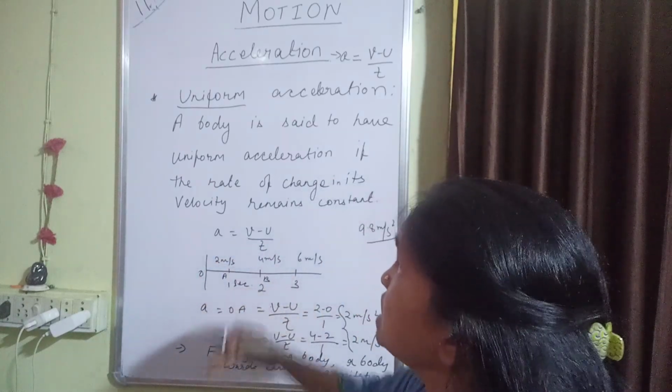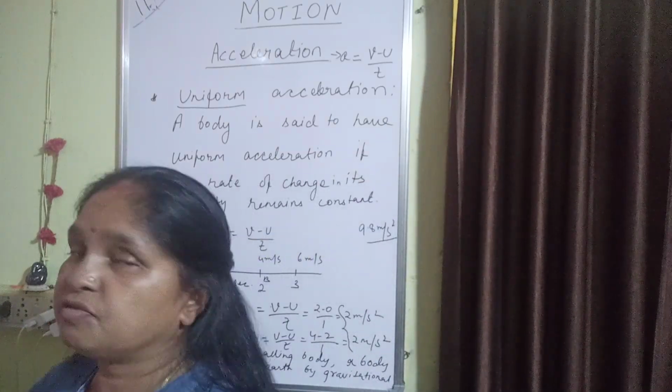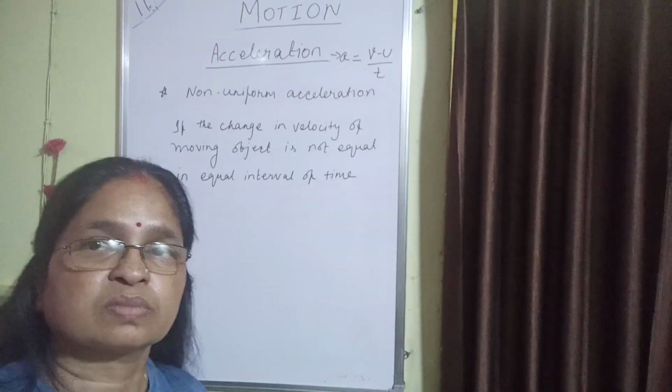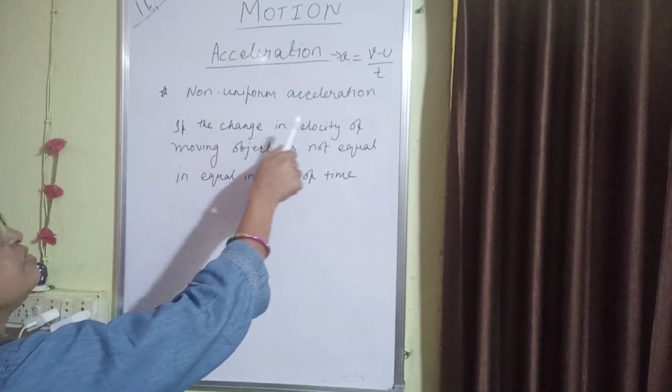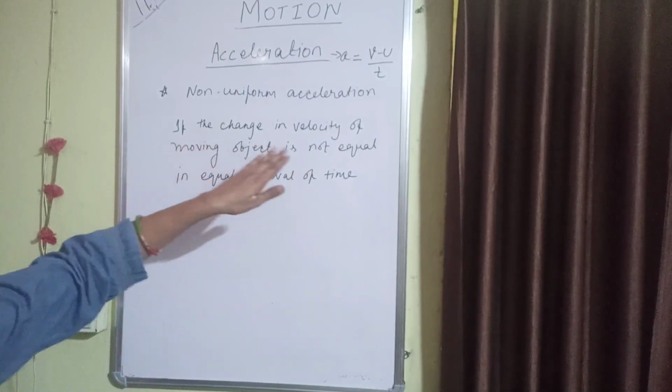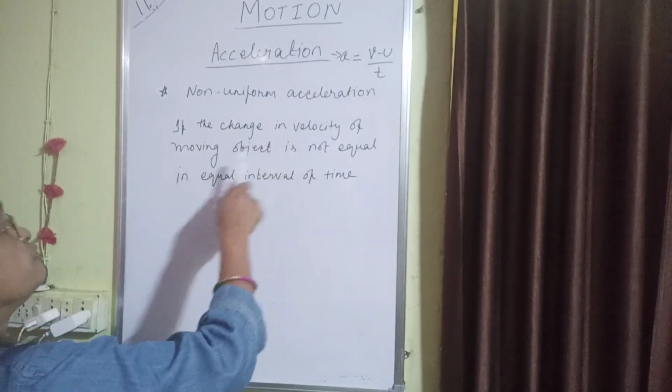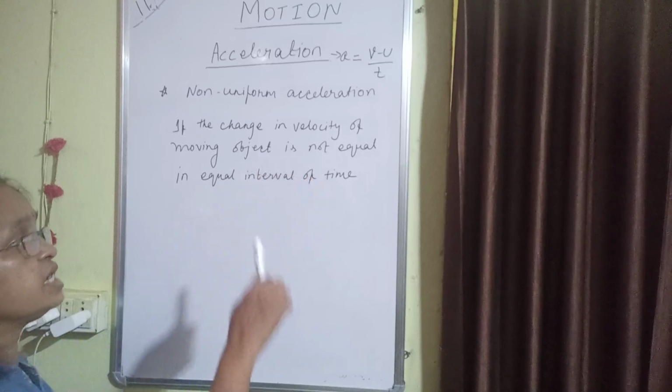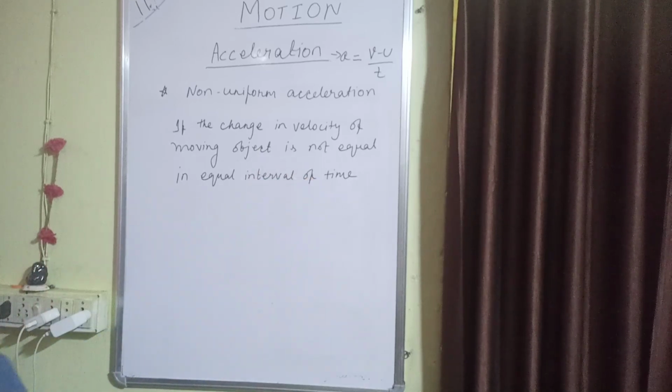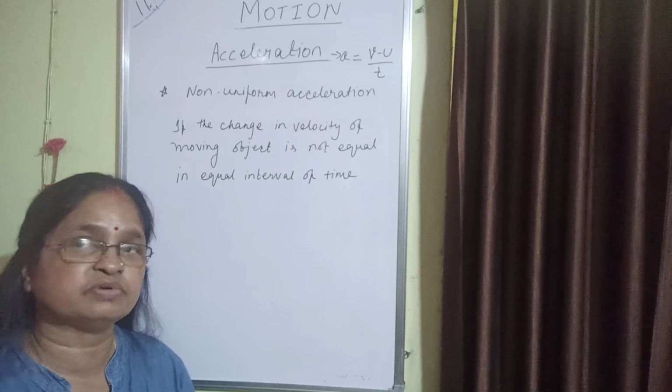Is it clear? See next, non-uniform acceleration. Non-uniform acceleration is when the change in velocity of a moving object is not equal in equal interval of time, that means unequal in equal interval of time.